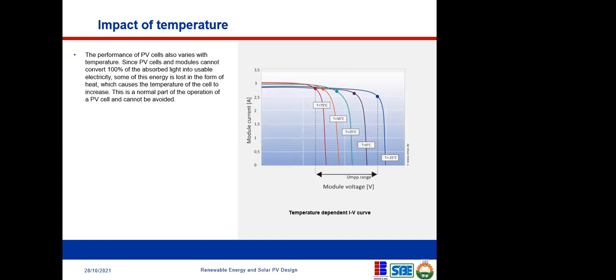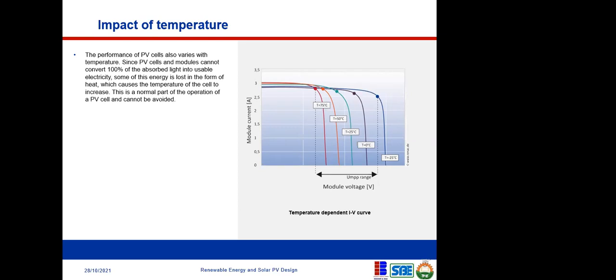Now, the performance of PV cells also varies with temperature, since PV cells and modules cannot convert 100% of the absorbed light into usable electricity. Some of this energy is lost in the form of heat, which causes the temperature of the cells to increase. This is a normal part of the operation of a PV cell and cannot be avoided. Not all the sun that falls on the surface of the solar PV system is converted to electricity.